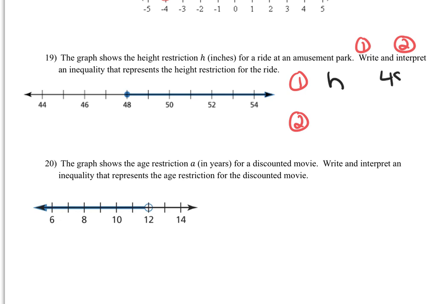All right, now I have to decide what inequality is going in between there. So all the numbers being shaded, what direction? I have 50, 52, 54. Are those bigger or smaller numbers? Bigger. So we would have H is greater. Is it going to be equal? Yes. Why? Because it's a closed circle. Awesome. H is greater than or equal to 48.